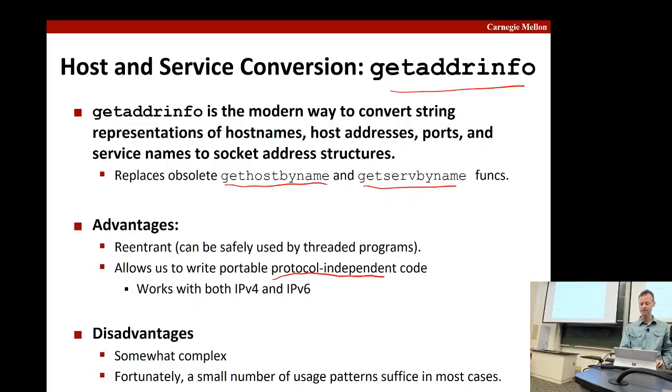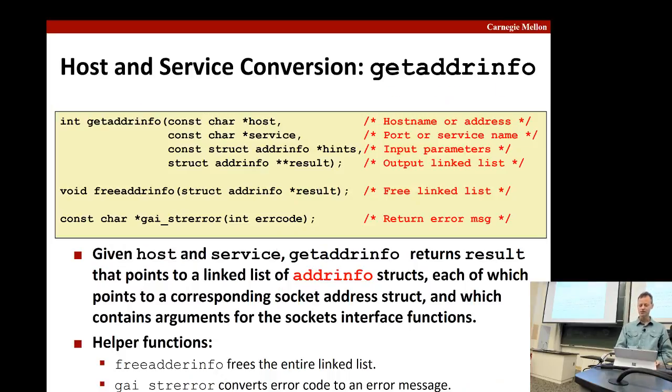That's the main advantage. If you use getaddrinfo, then no matter what the protocol is, it'll do the right thing. It's also re-entrant, so it can be safely used by threaded programs. The disadvantage is that it's somewhat more complex, but fortunately there's only a small number of patterns that we tend to use. So this is what this looks like.